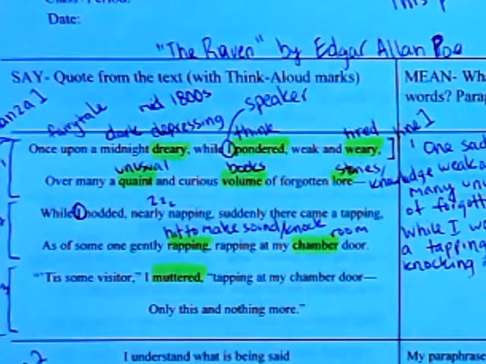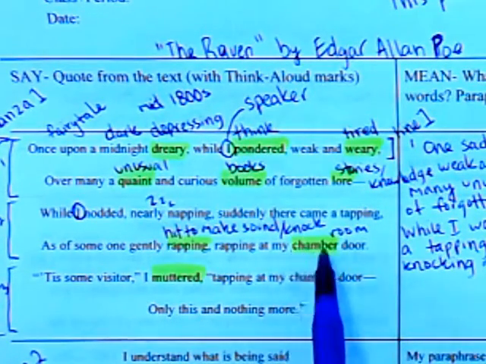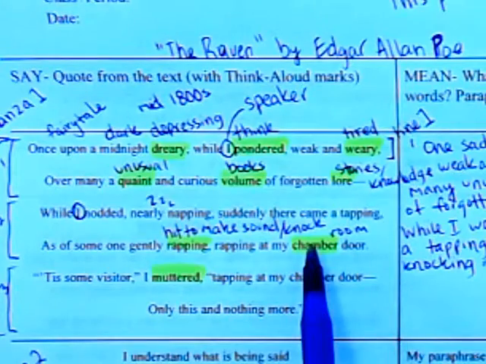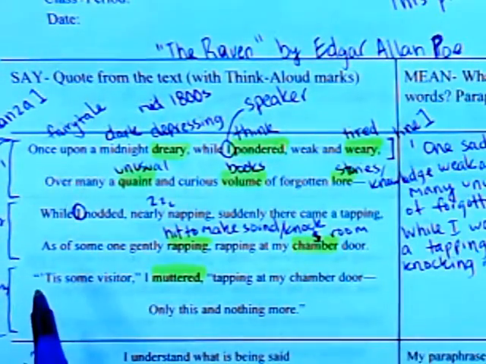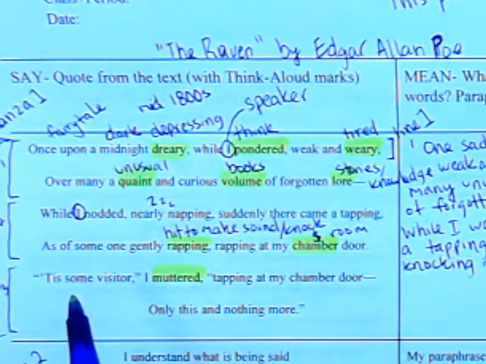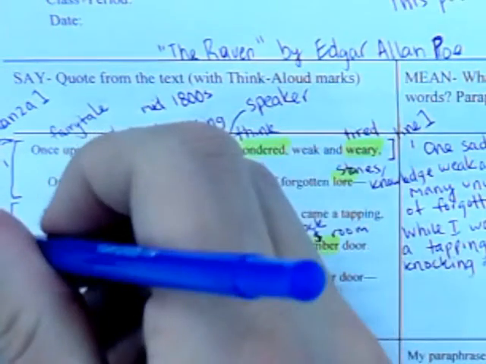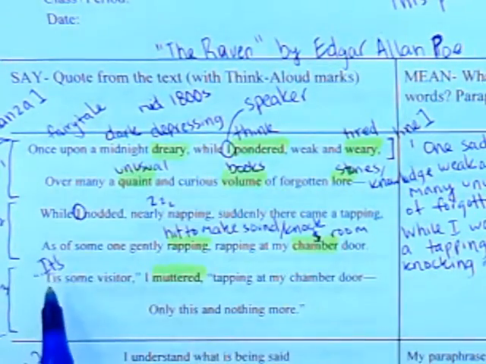When we see the word chamber, I think of like a really big house. So this person's probably rich. So I'm going to put a little money sign there too. Now let's go ahead and look at what he says. He says, "'Tis some visitor." And I didn't highlight "'tis," but it was in Romeo and Juliet. So it says, "It's some visitor," I muttered.